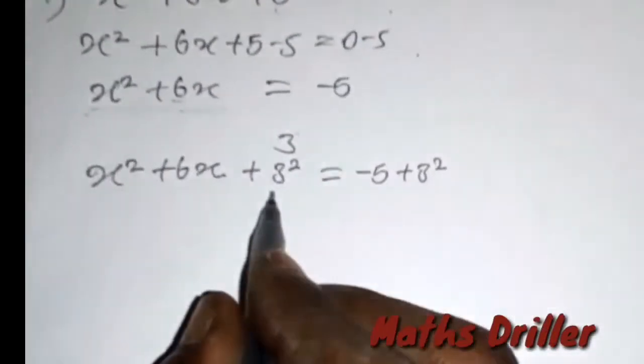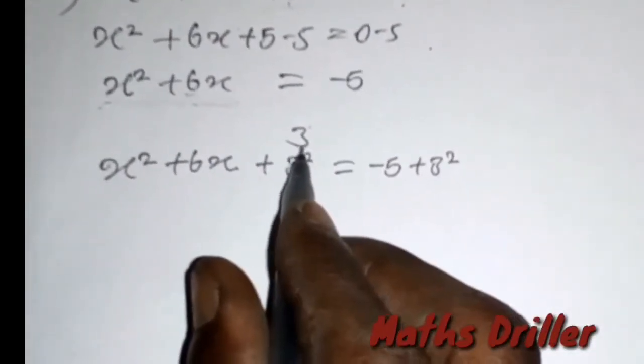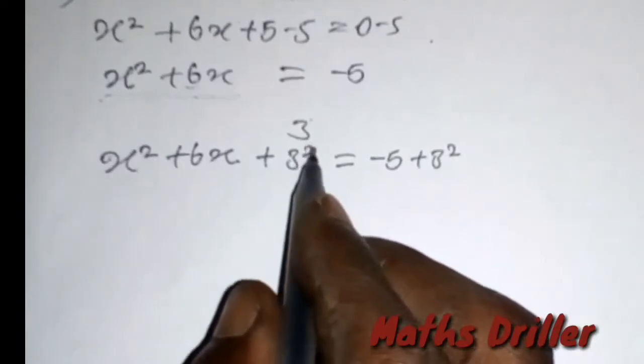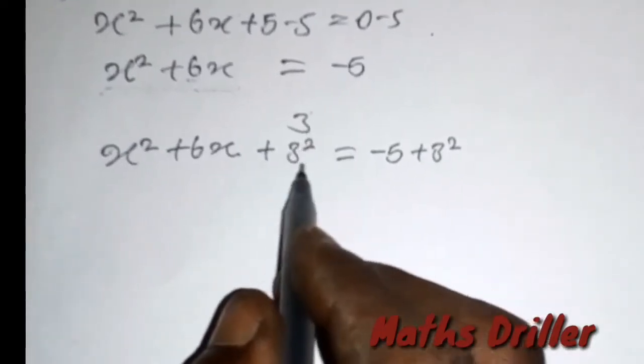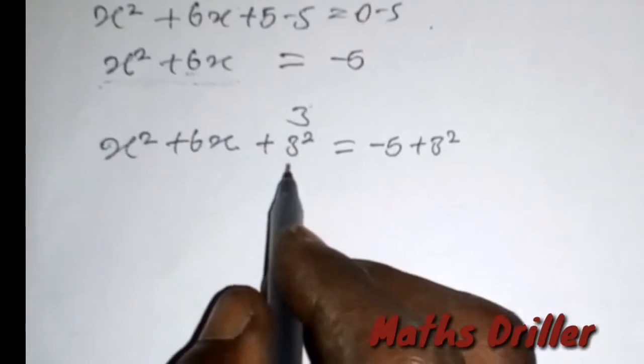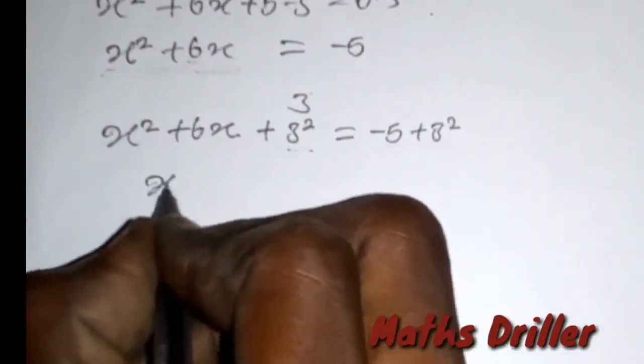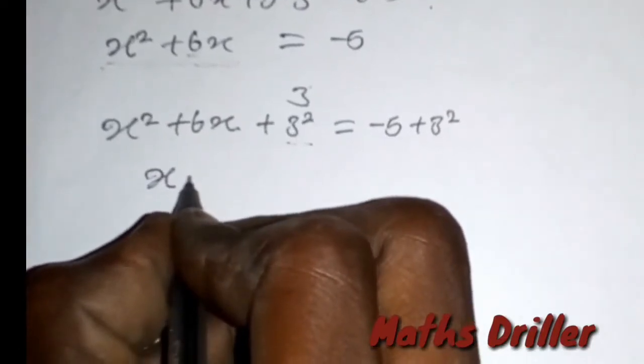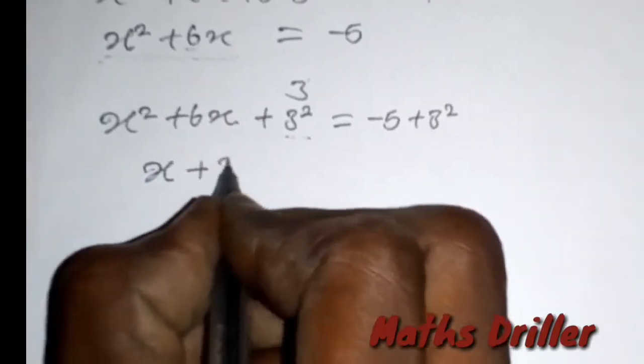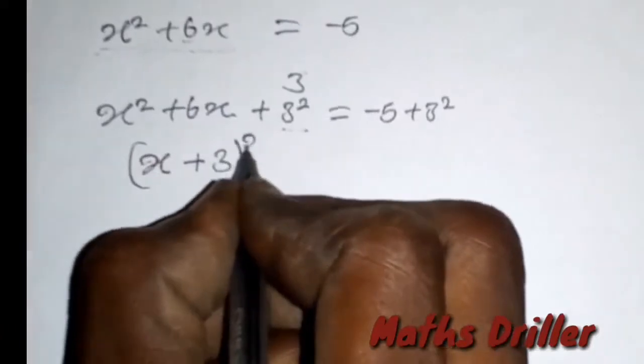After adding the square of half of the coefficient of the single variable to both sides, we are going to see that this expression can be compressed as x plus 3 all squared.